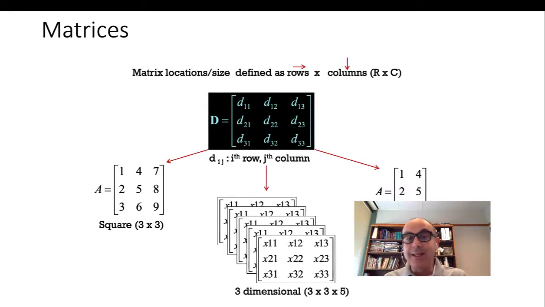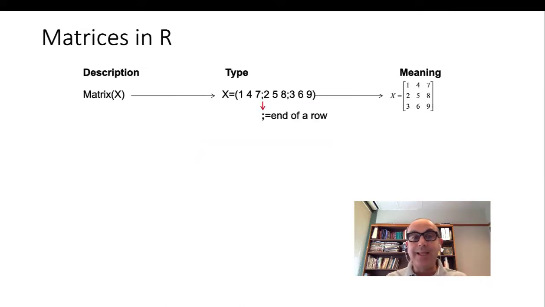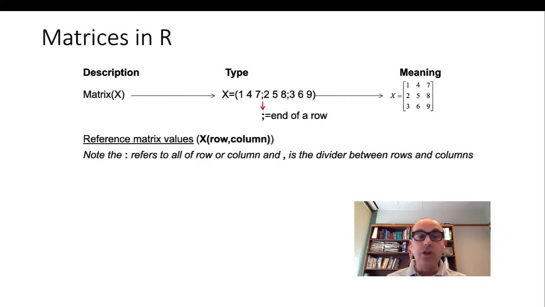Again, these are the dimensions and the sequence or the rectangular that we need to apply in order for us to make sense of what the data sets. So in matrix in R, we are talking about the type and the meaning of the X in that. So the reference in the matrix value is the X row and columns.